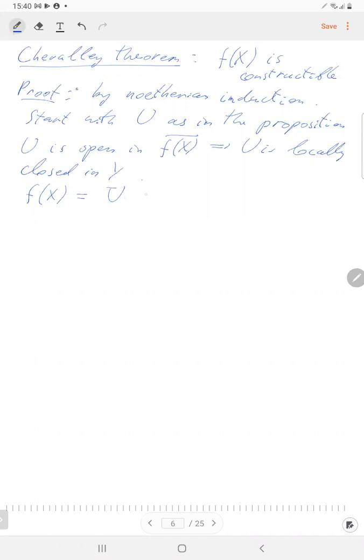Sorry, how shall I say? This open set U, and also the image of the boundary of X, so to say. Okay. No, maybe I should write just U like this. So the open set, and the disjoint union with the image of the boundary.